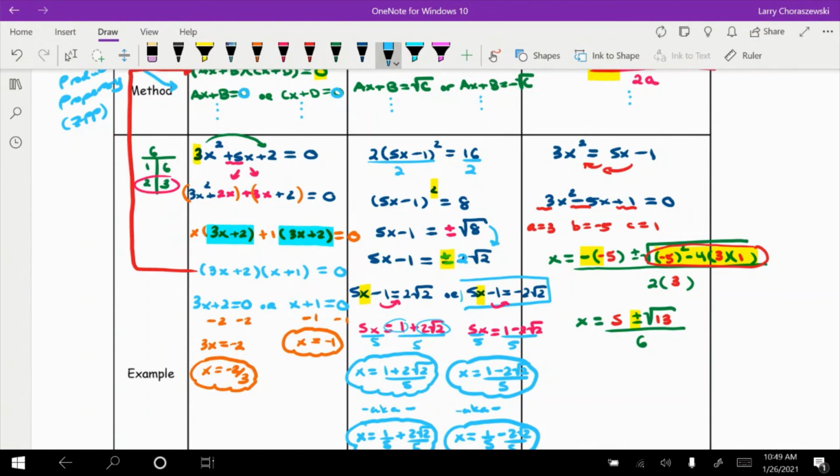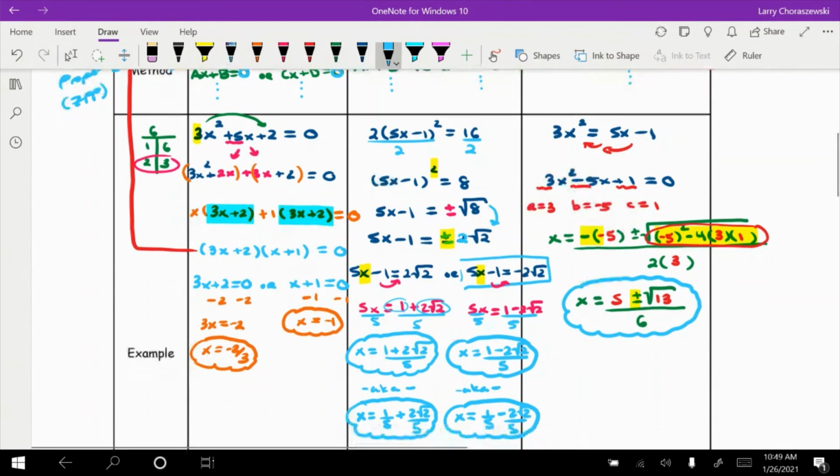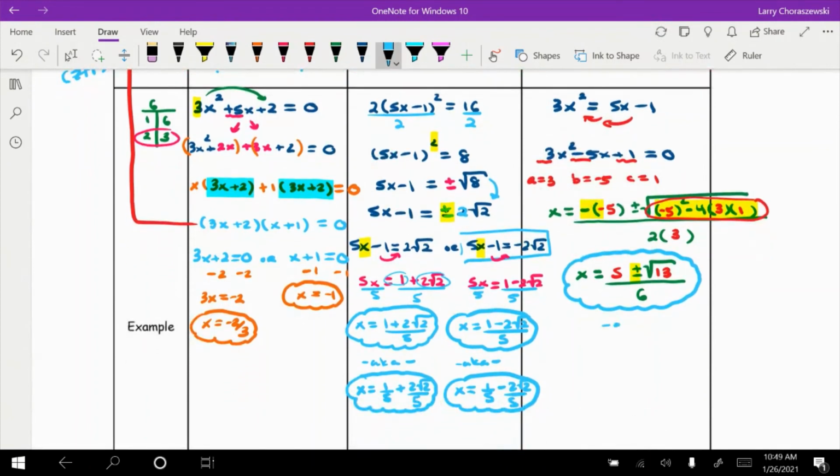And in some cases, you can actually leave your answer for x in this fraction format, where it's written as a single fraction. Or what you could do is break that fraction up into 2 separate fractions. So let me show you what that would look like. The first fraction will be 5 over 6. I'll use the plus part of plus or minus.